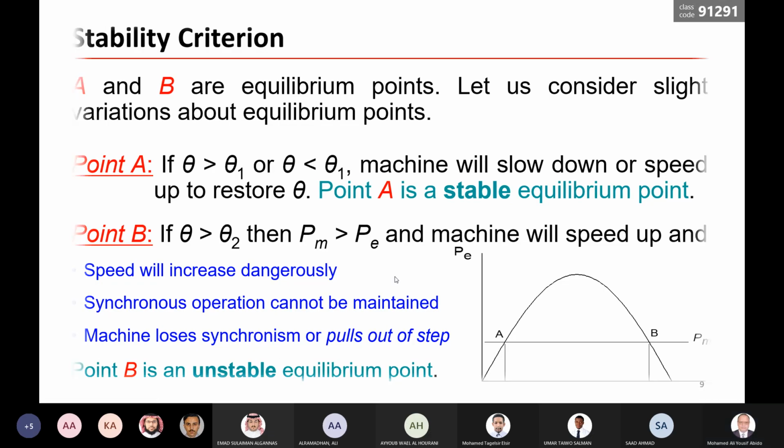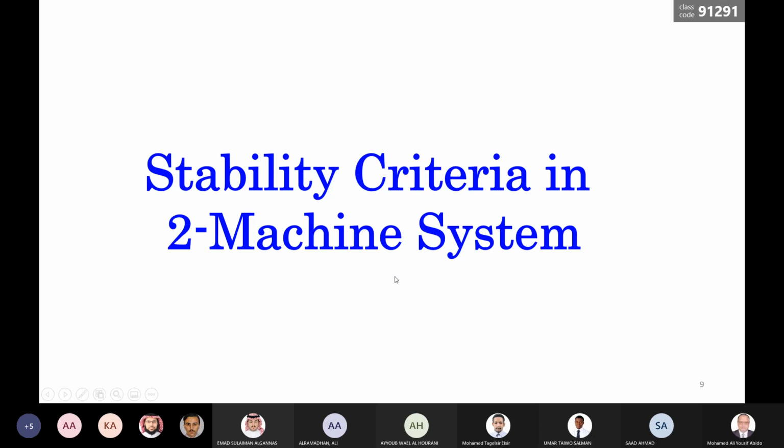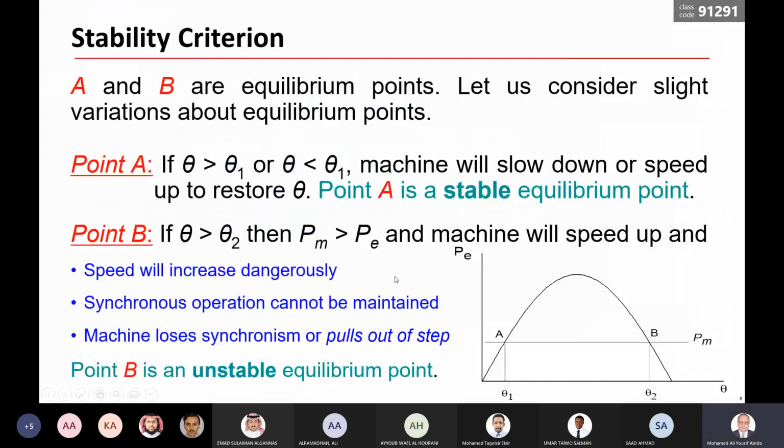So in this case, what is the stability criterion? The operating point theta should be less than or equal to 90 degrees. This is the stability criterion for a single machine infinite bus system.